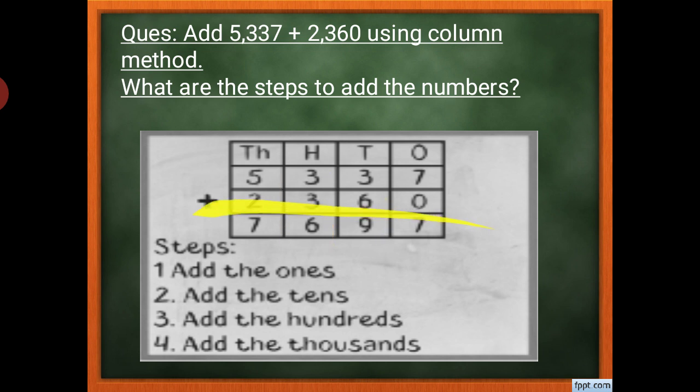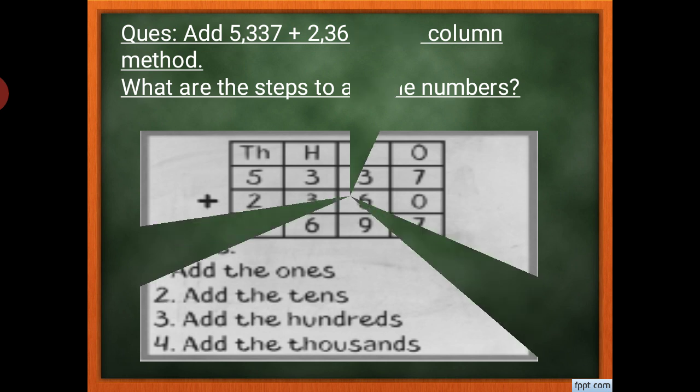So the answer is 7657. So what are the steps here? We always start adding from ones, then we add tens, then hundreds, and finally thousands. If you are doing it for 4-digit numbers, we always start from ones and end by adding the thousands.